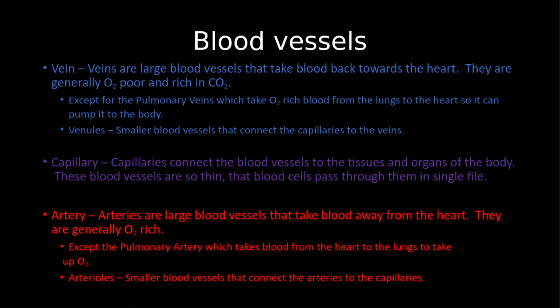All right, so these capillaries are the ones that will connect to the venules, and the venules will connect to the veins. The blood will enter the heart, and then the heart will take the blood out through arteries. And then the arteries will become arterioles, and then the arterioles will connect to the capillaries again. So it's at the point of the capillaries that the blood goes from a vein into an artery, for example.